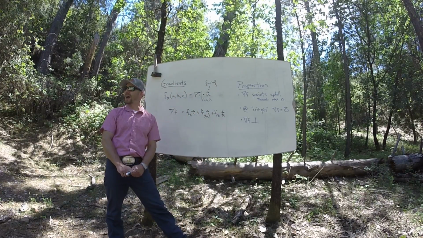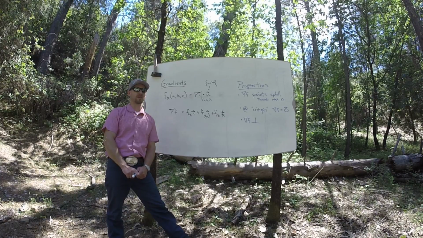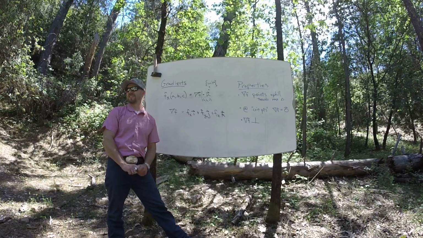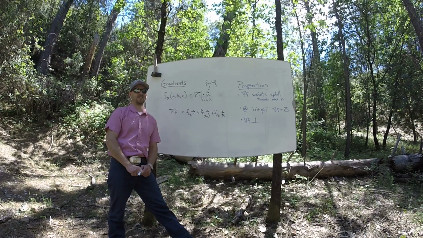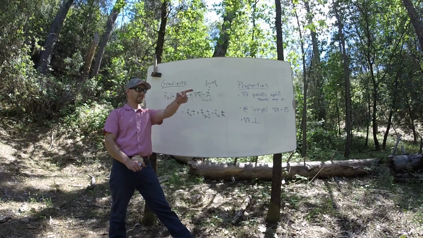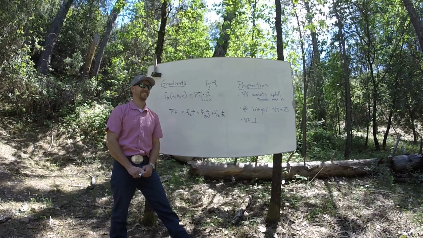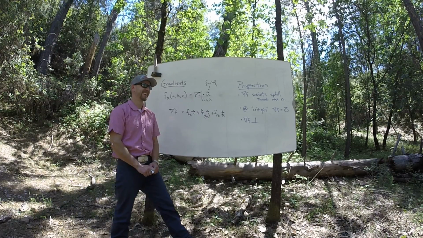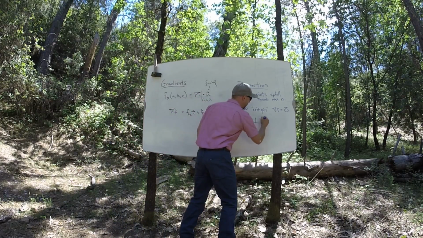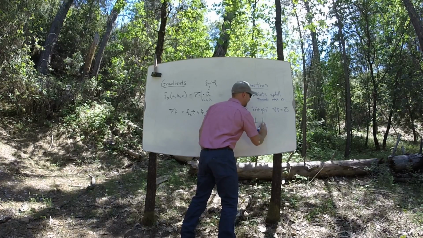Why would that make sense? Because contour lines are when you're setting z constant. It's the steep part, and the steep part's going to be perpendicular to the flat part. So this is perpendicular to level surfaces.